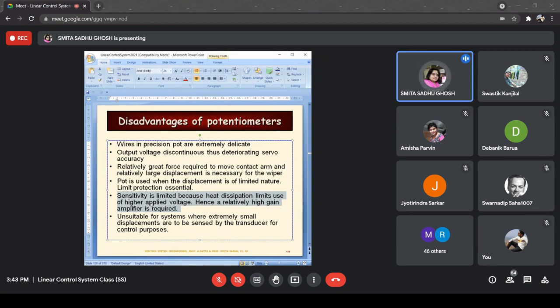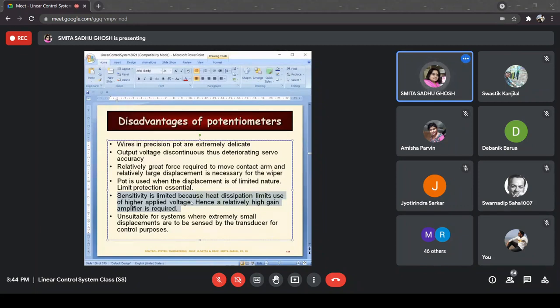But if you want to increase the sensitivity by increasing the applied voltage, naturally much more heat dissipation will be there, and that will limit you. You will not be able to apply as high a voltage as you want to increase the sensitivity. That's not possible, right?